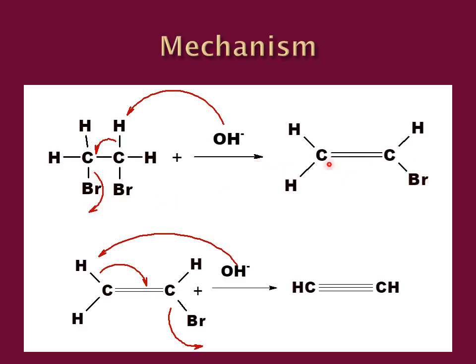In the second step, another molecule from the base is going to abstract the proton from the other carbon atom. And this bond between hydrogen and carbon is going to shift between these two carbon atoms, making a triple bond while eliminating this Br as Br negative. In this way, alkyne is formed.